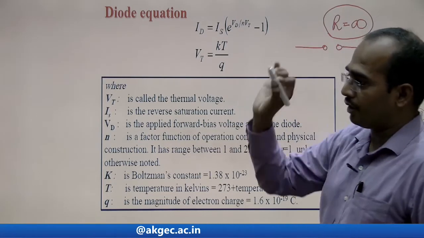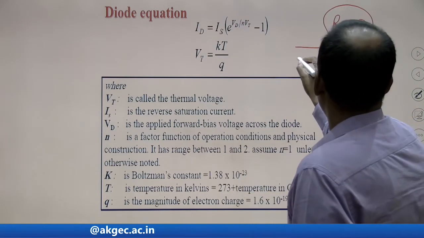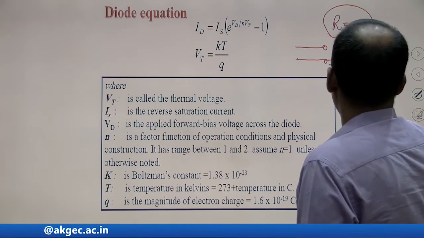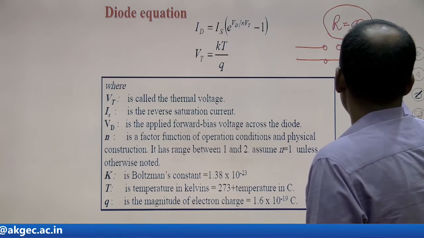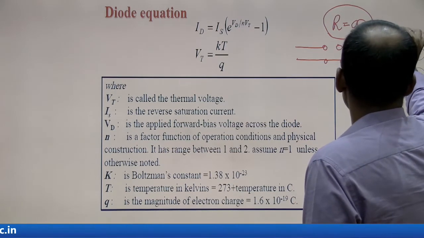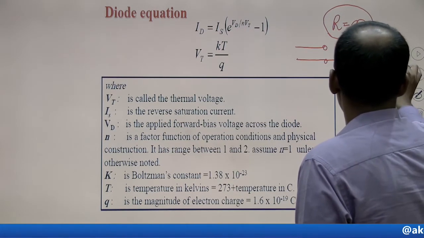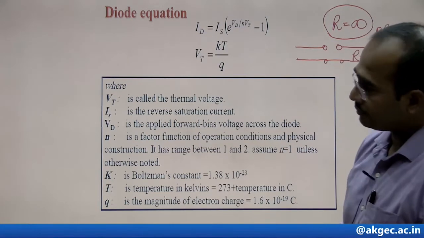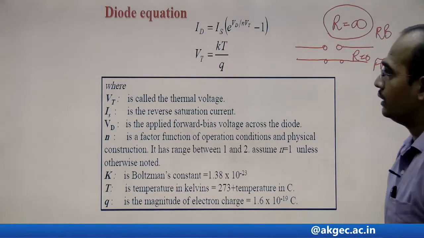But in case of forward bias condition, the diode behaves as a short circuit. This is the condition for reverse bias and this is the condition for forward bias.